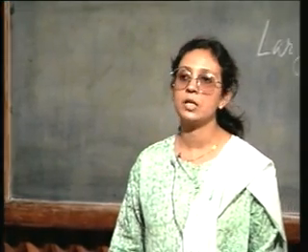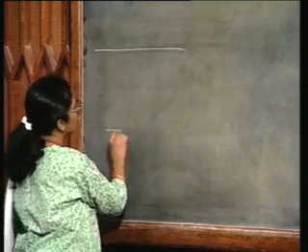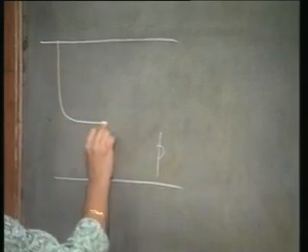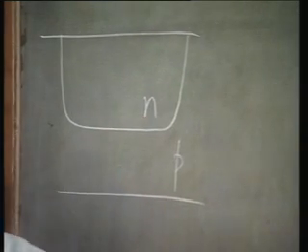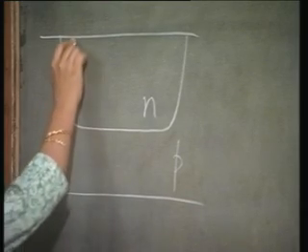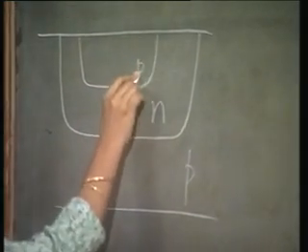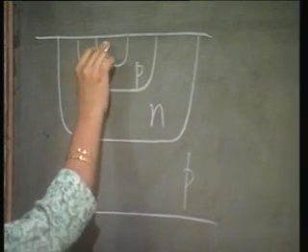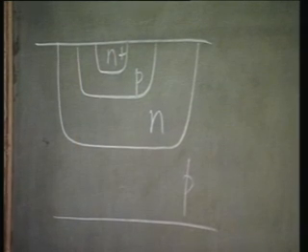In that you try to have 3 diffusions, something like this. You start off with this p-type substrate and then you have your first N diffusion. This is going to act as your collector. Then you have a p diffusion, this is going to act as your base, and then you have an N diffusion, this is going to act as your emitter.